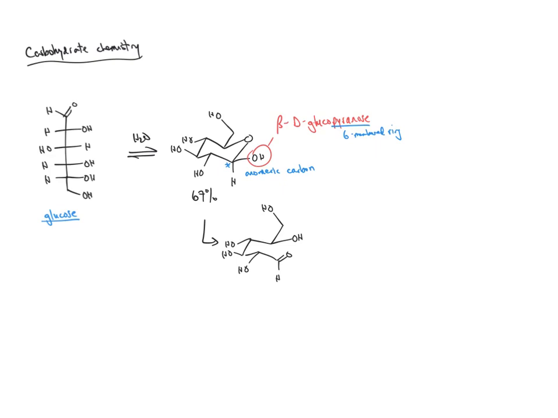What can happen now is we can rotate around that bond so that we get the orientation of the aldehyde going down. And then we can get formation of the other anomer.